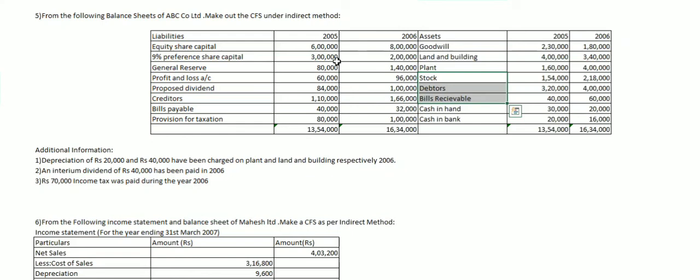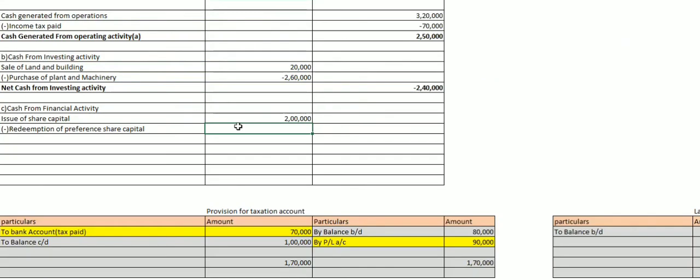The amount is 3 lakhs minus 2 lakhs, which is 1 lakh, which is a negative figure. Now minus your interim dividend paid and minus your dividend for the last year paid.